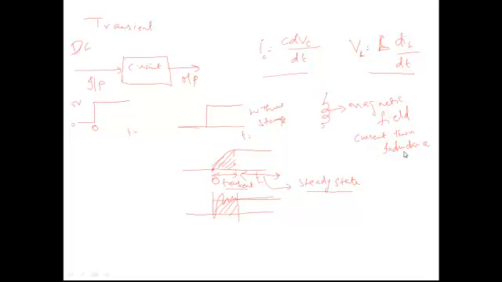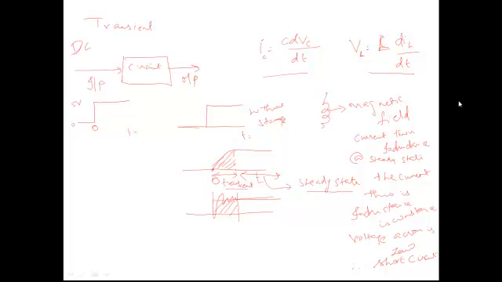So, if the current is constant, then what will happen to the inductance? Voltage across the inductance is 0. Therefore, at a steady state, the current through the inductance is constant, therefore the voltage across the inductance is 0. Therefore, short circuit.